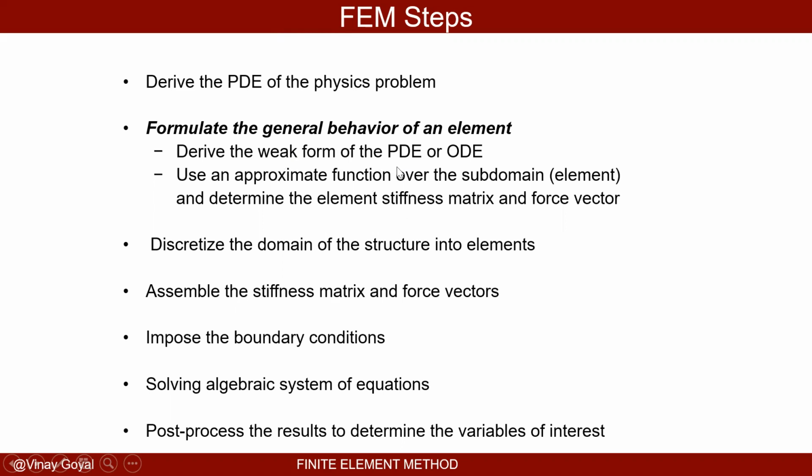That's going to allow us to determine the element stiffness matrix and the force vector. We will then discretize the domain of the structure into elements. That's the next step. And then we will assemble the stiffness matrix and force vectors. Then from there, we can impose the boundary conditions. We can then solve the algebraic system of equations and then post-process the results for the variables of interest.